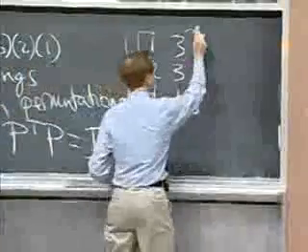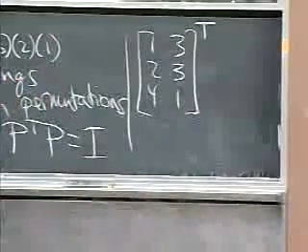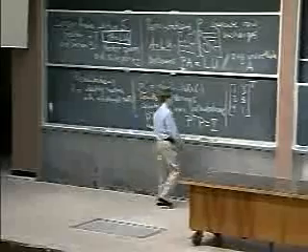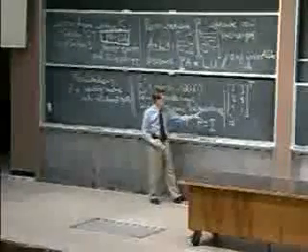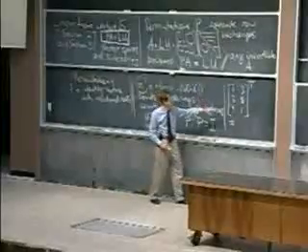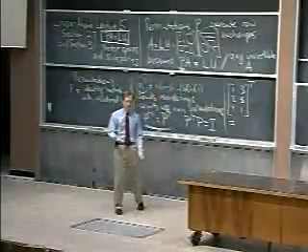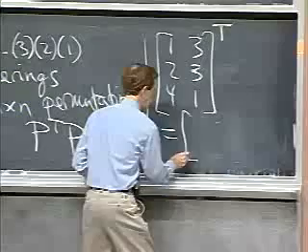I'll use a T, although MATLAB would use a prime. And the result will be, I'll write it here, because this was 3 rows and 2 columns, a 3 by 2 matrix, the transpose will be 2 rows and 3 columns, 2 by 3.